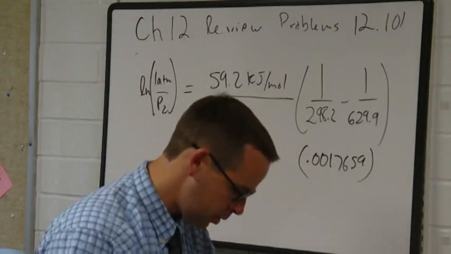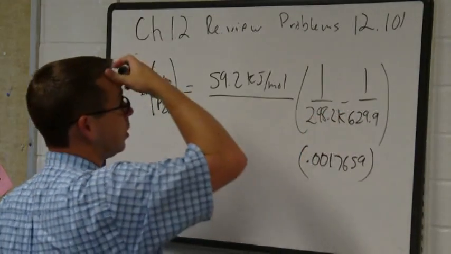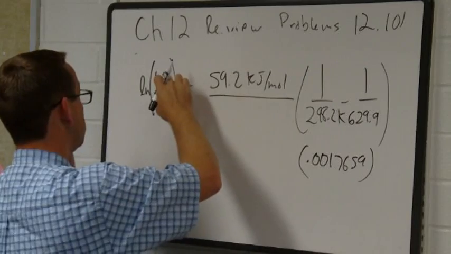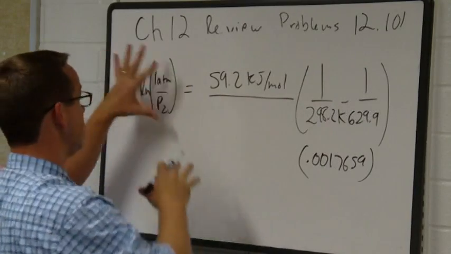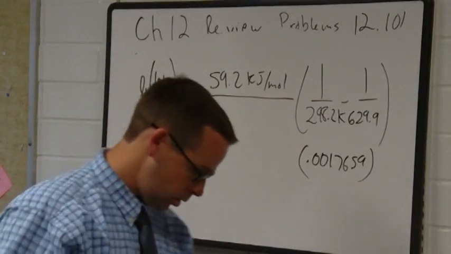Oh, this R value. You have to use an R value that's going to allow these units to work. So this is 1 over Kelvin here. This is kilojoules per mole. This is going to be in atmospheres. So these units need to cancel out over here.